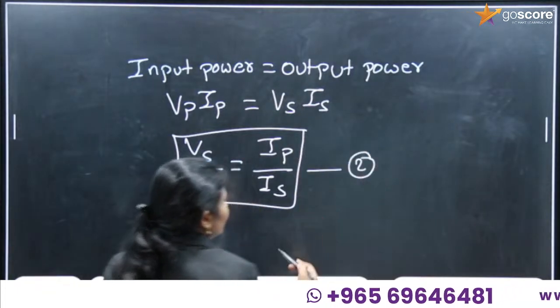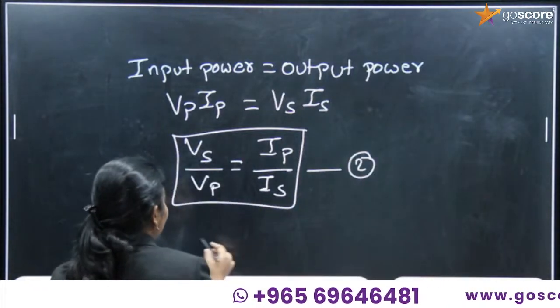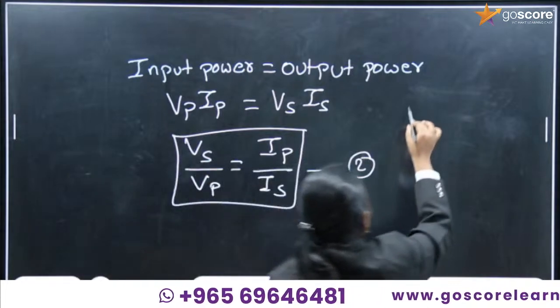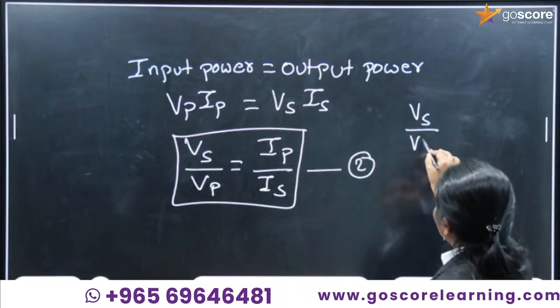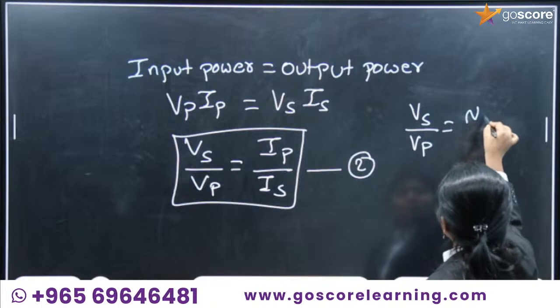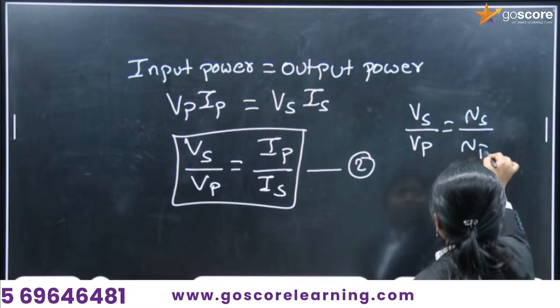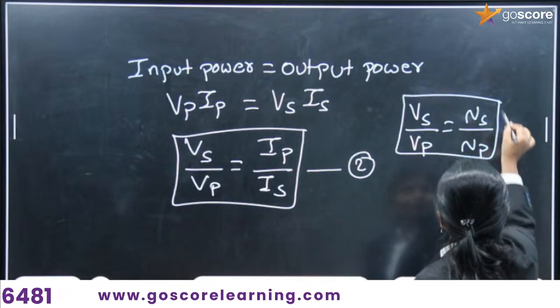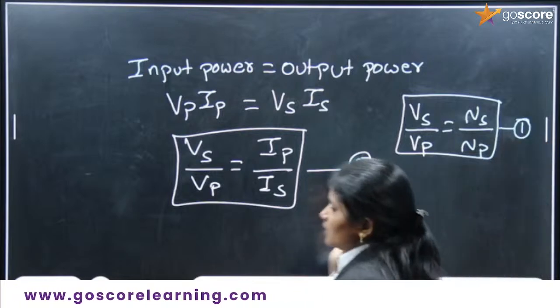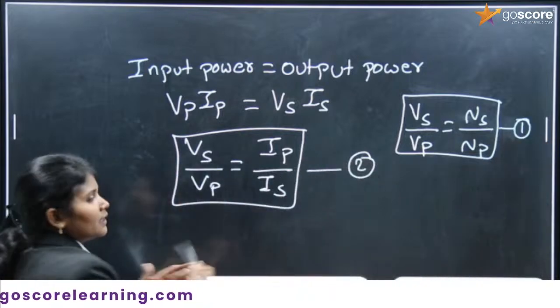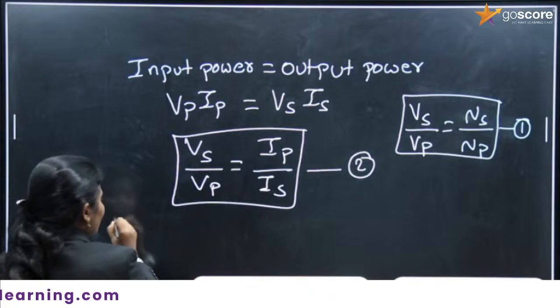Compare the first and second equations. What is the first equation? VS by VP is equal to NS by NP. This is the first equation, and this is the second equation. Comparing them, what is the transformer equation?